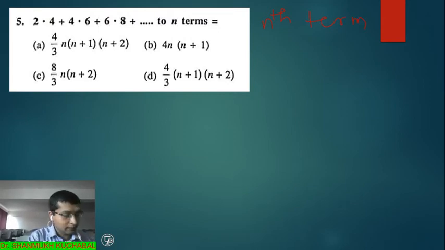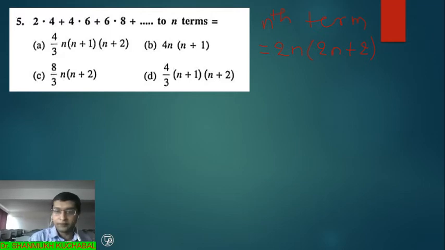It is 2, 4, 6, 8 like that. So we can take 2n, and here 4, 6, 8, every time there is an increment of 2, so we can write 2n plus 2. You can verify. If you take n equal to 1, we get 2 and 4. If you take n equal to 2, we get 4 and 6 like that.